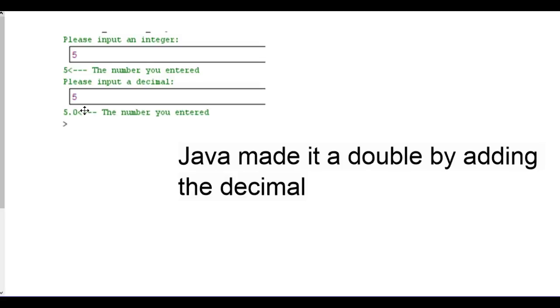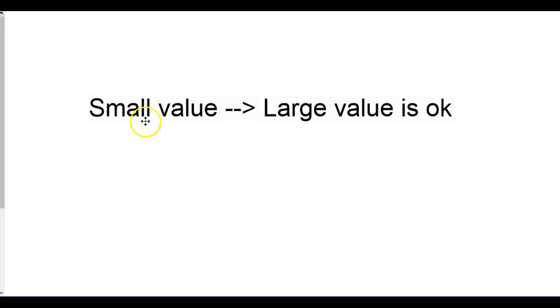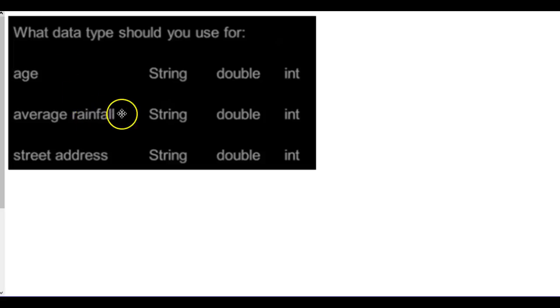Sometimes for formatting, that's important to know. If you're trying to print out a time, and you're storing that time inside of a double, and then all of a sudden you start getting these weird decimal point numbers, it doesn't make any sense if you're talking about time. You'd want the integer. So a small value inside of a large value is fine. Java's okay with that. If you put something smaller inside of a larger container, Java will handle it just fine. If you try to put something larger inside of a smaller container, it's not that it's not okay.